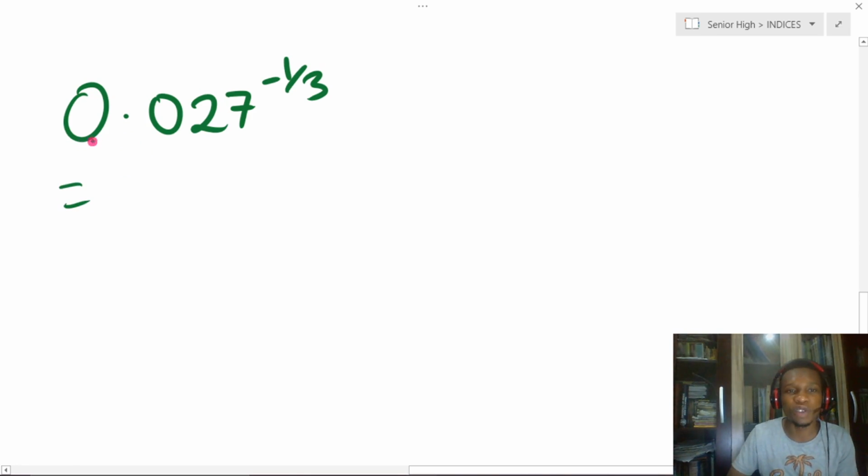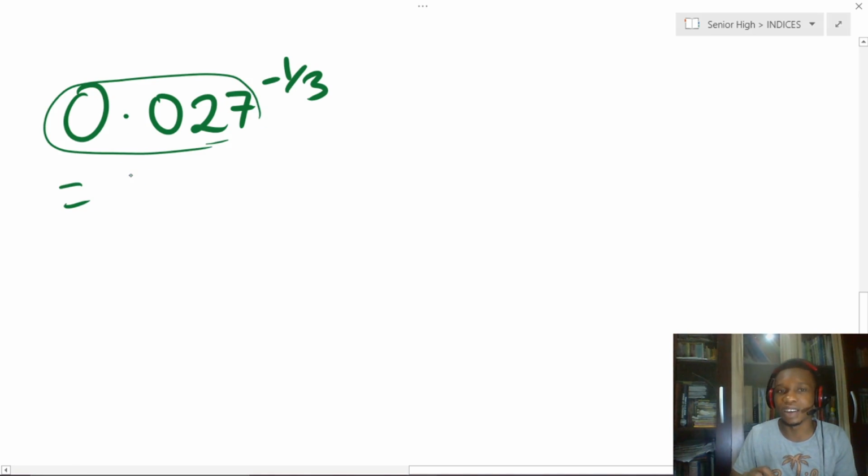You solve this by first converting this decimal number into a fractional number. So how do you convert it? You divide it by the decimal places that it has. It has 1, 2, 3 decimal places, right? That's like saying dividing by 1000.